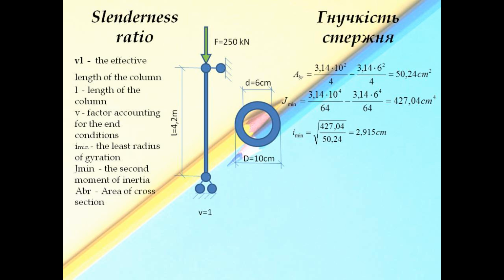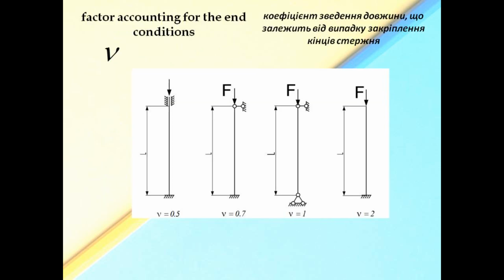Having solved the radius of gyration, the next step is to find the factor accounting for end conditions. Effective length factor, or factor accounting for the end conditions, is obtained using the boundary conditions applied to the column.